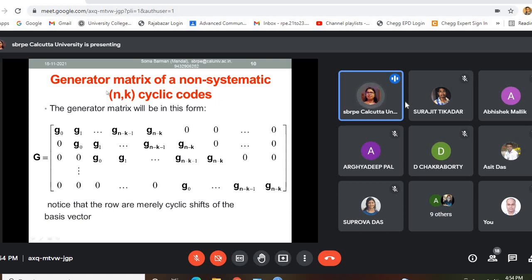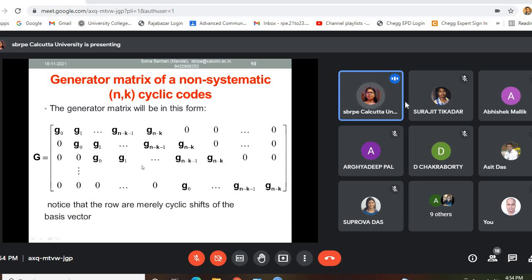So this 0 will come over here, and it will be just right shifted. Second row 0, 0, G0, G1. At the last, these are all 0, 0, 0, and this will be G(n-k), with G0 shifting accordingly.